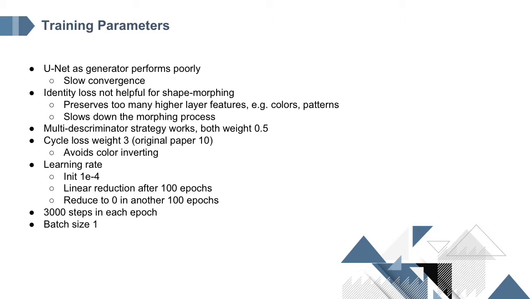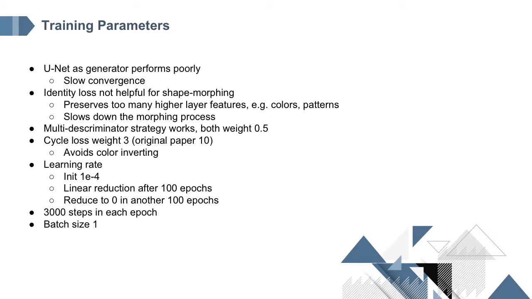Learning rate and learning rate deduction strategy from the original paper still works and solves the problem acceptably in terms of speed and quality. We will continue to use 10 to the power of -4 as the initial learning rate, and linearly reduce it to 0 after 100 epochs during another period of 100 epochs.